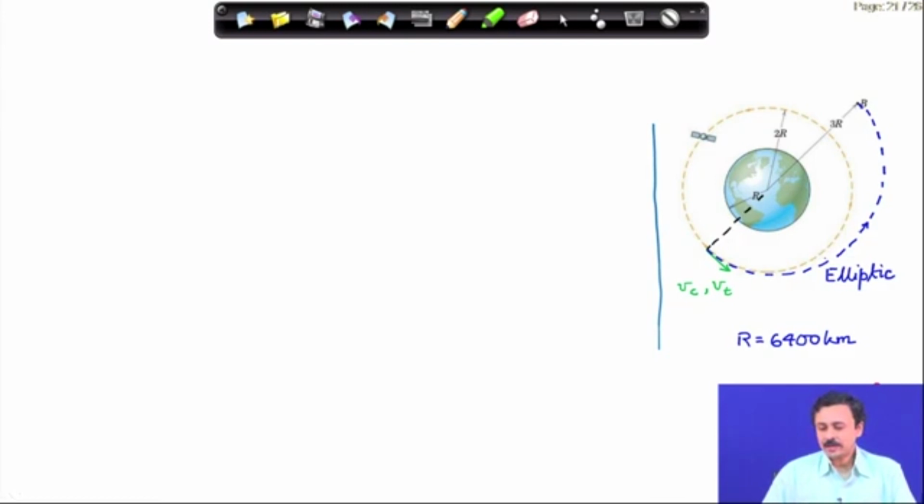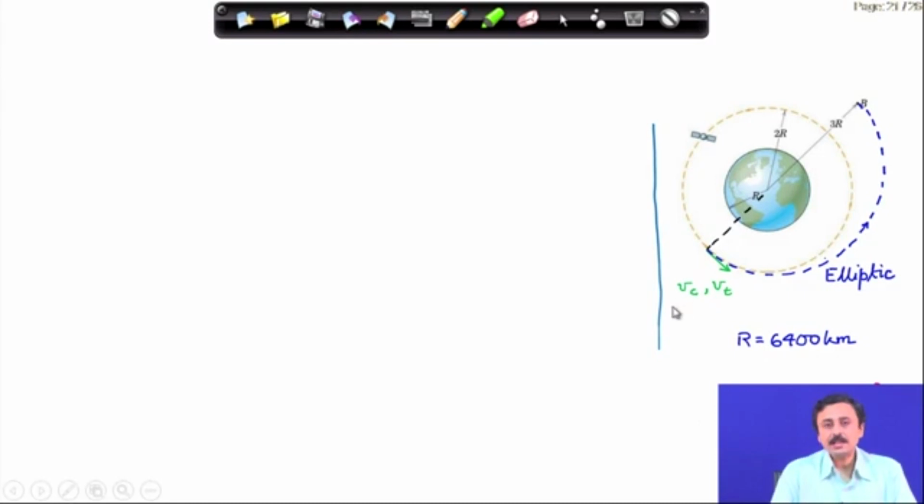Here I have drawn that elliptic trajectory roughly. It was initially on a circular path, and you can calculate the circular path velocity. Radius of the earth is 6400 kilometer. We have to find out delta V min.